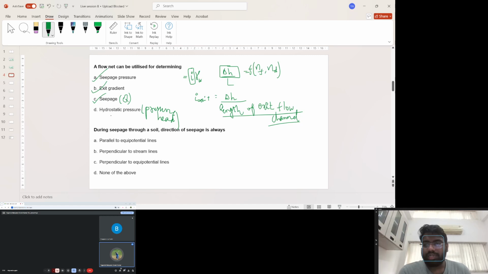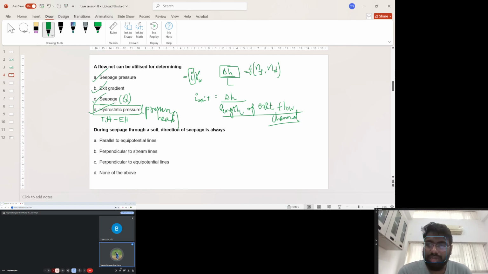Since it is pressure head, it can be obtained from total head minus elevation head. For that, the flow net can be useful, especially for estimation of hydrostatic pressure or pressure head.